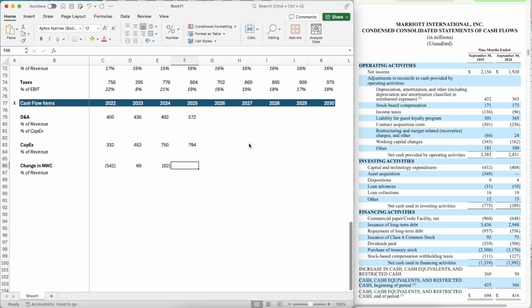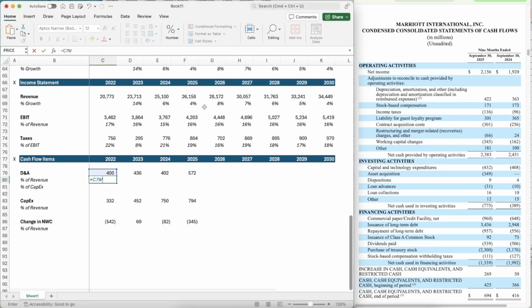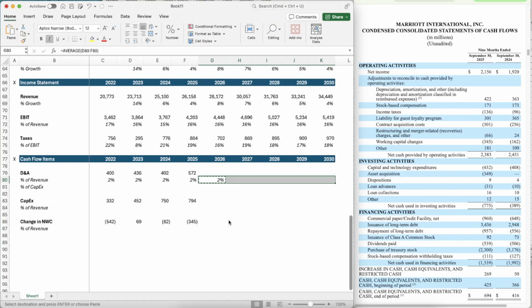Change in net working capital. Just put it as okay. Of course, 400 divided by revenue, about 2% a year, the depreciation and amortization. Going forward, we will take an average of that, the last 3 years, pull it along the revenue. There we go.